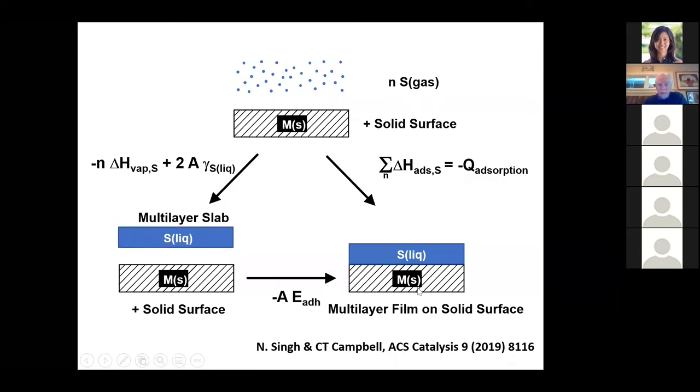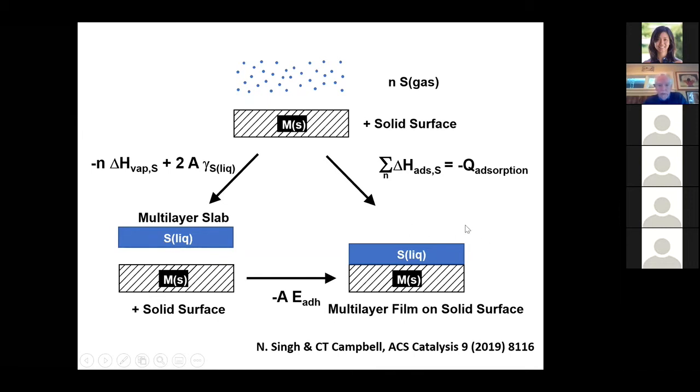That by definition is the adhesion energy of the solvent to the metal. And these things we know: this is the heat of vaporization of the solvent molecule, and this is the surface energy of the liquid solvent, which we know for many solvents. So we can extract the adhesion energy from these measurements and these literature values.